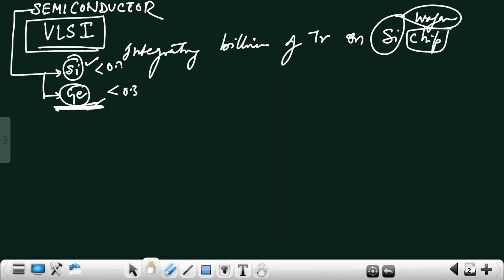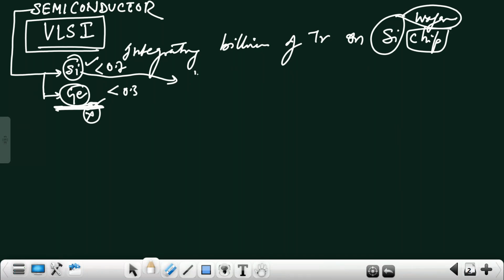But why do we choose silicon? Why not germanium? Yes, germanium is also chosen for specific applications, not for commercial applications. But why is silicon chosen?